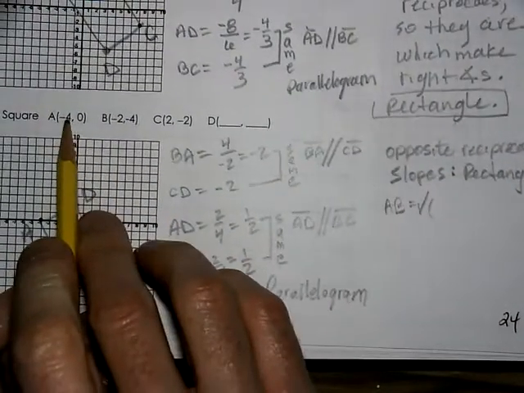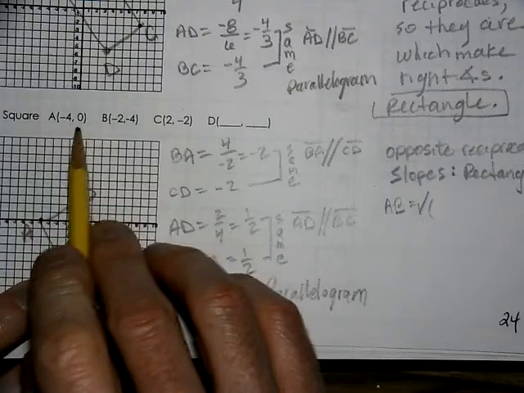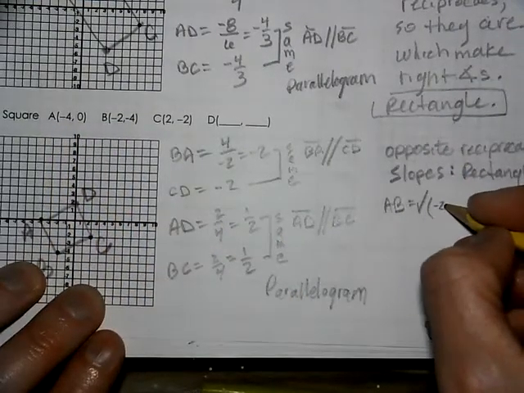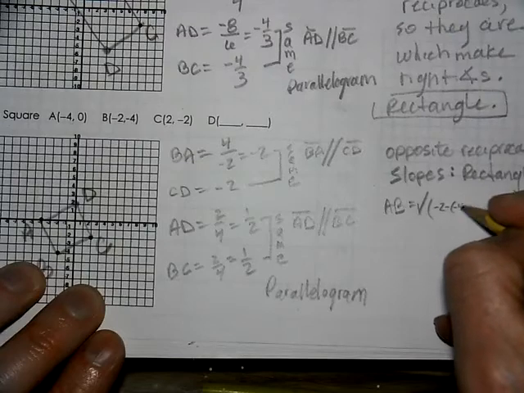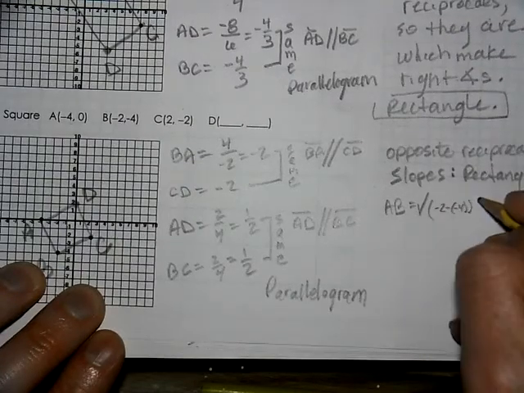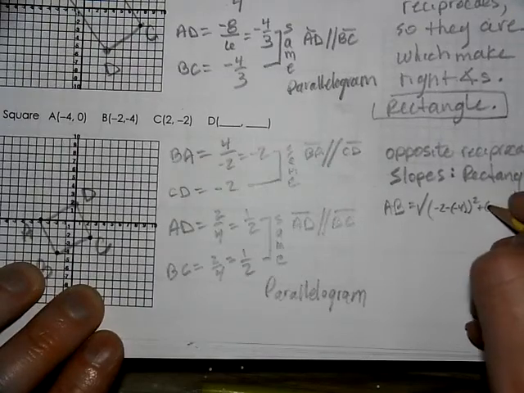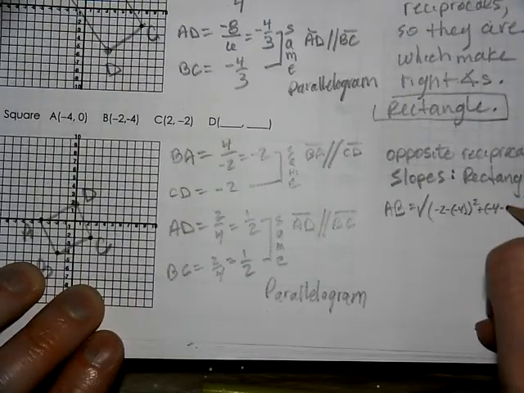From A to B, we do x1 minus x2 and y2 minus y1.